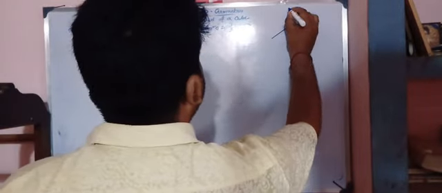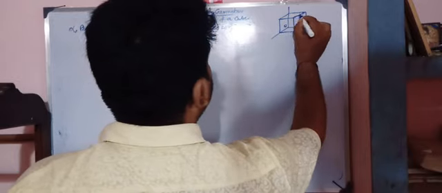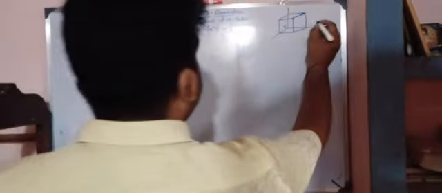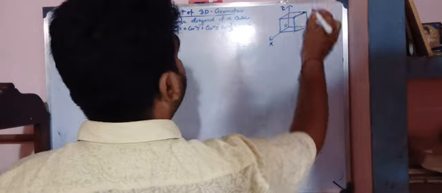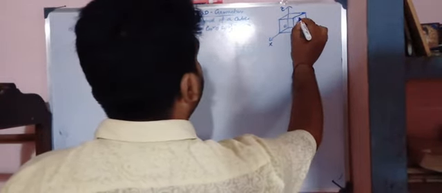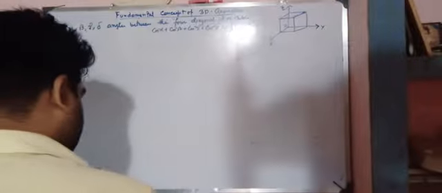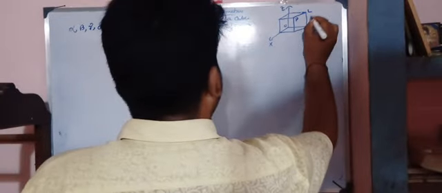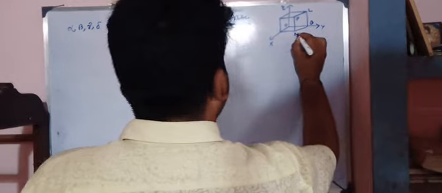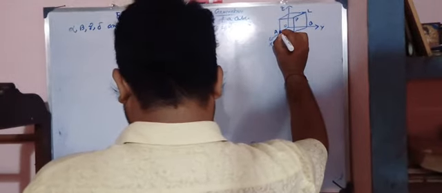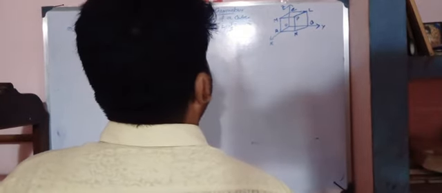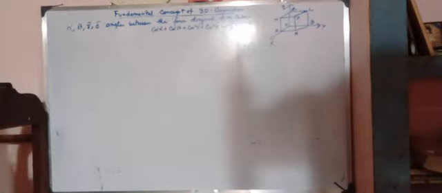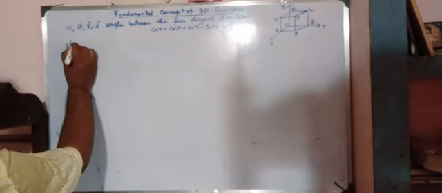This is the cube. Now this is O, and we are taking the side of the cube as A. Obviously OX, OY, and OZ are the axes. I am naming the other vertices P, L, B, N, A, M, C. Now again the coordinates of O are 0, 0, 0.